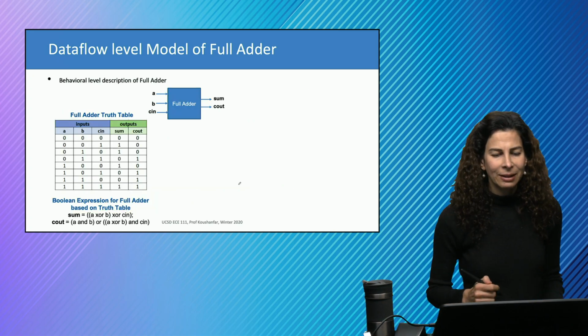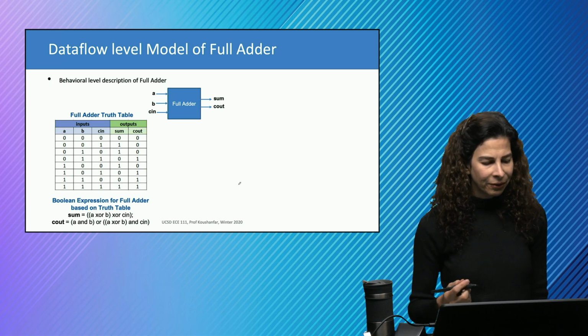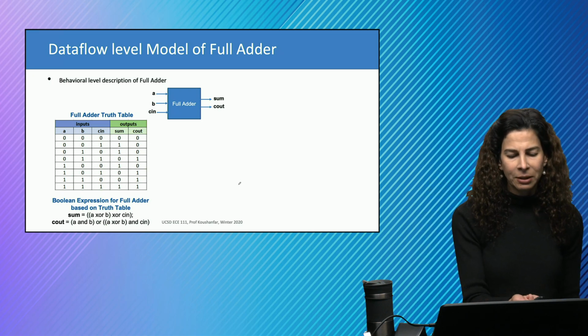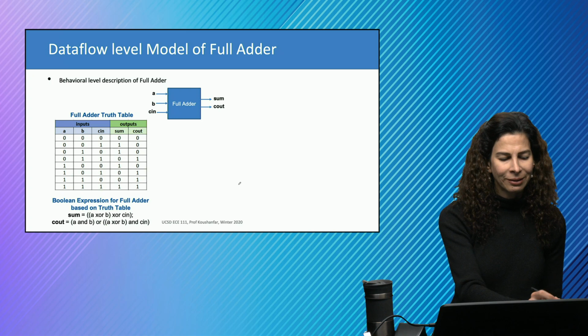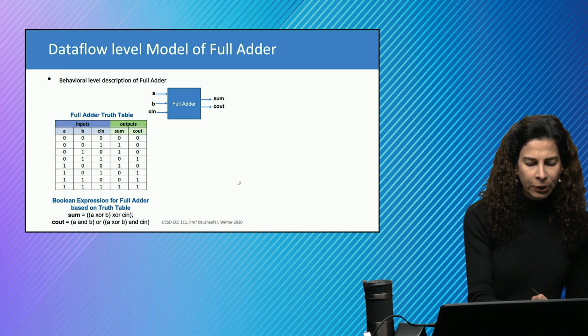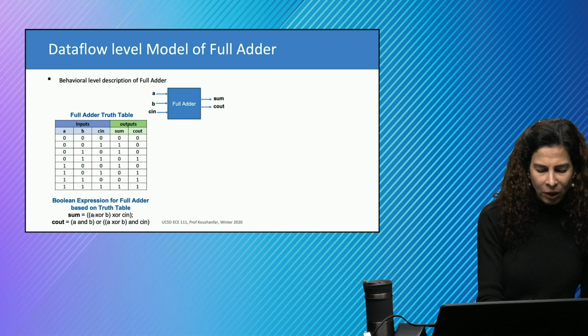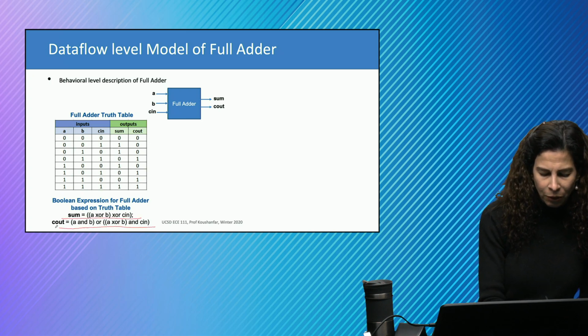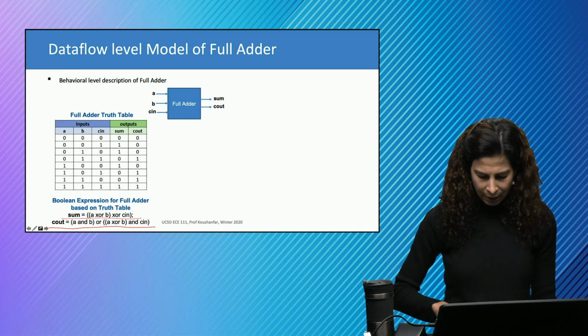Now let's take the same full adder and think about the data flow model. We translate the behavioral model into the data flow model using the logic expressions that describe the sum and cout, as we know for a full adder.